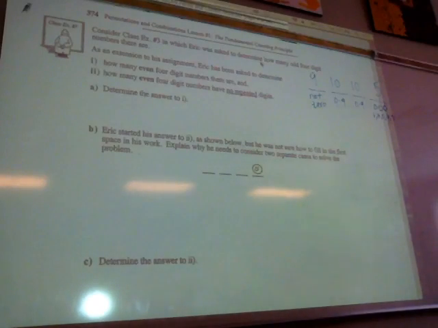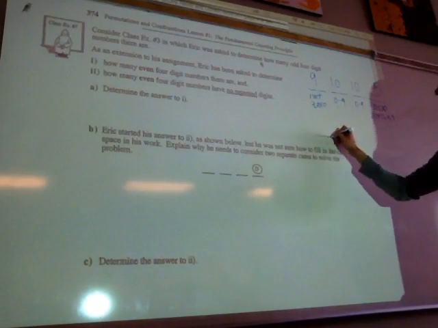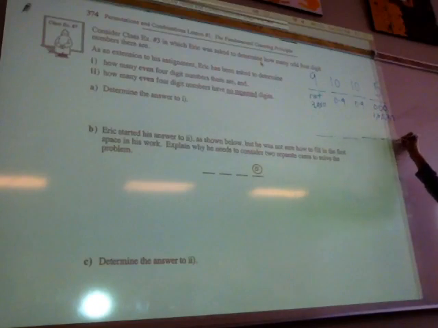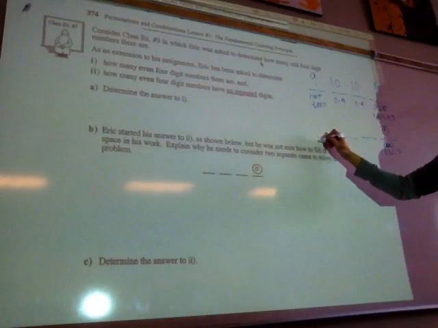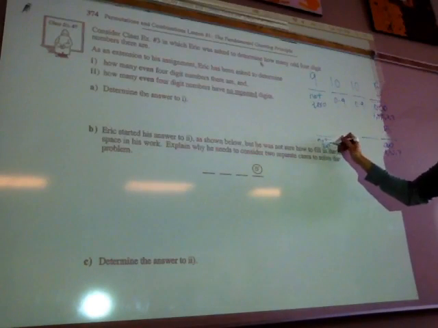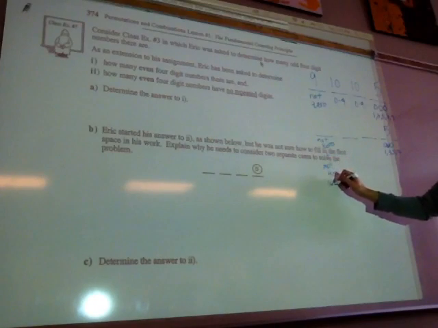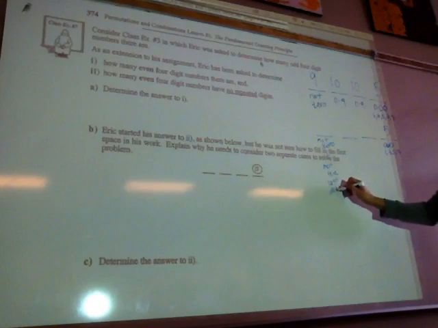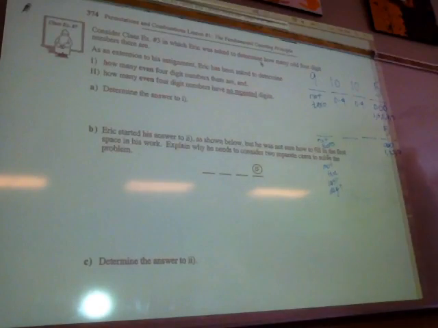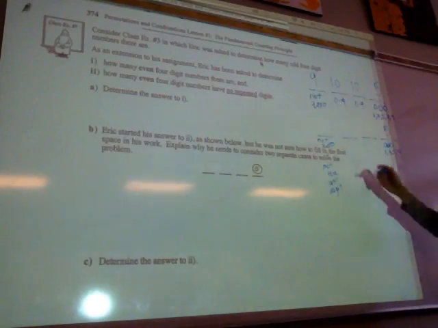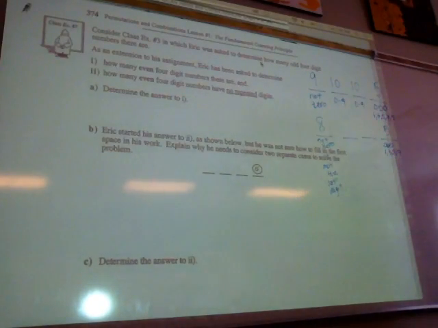Okay, but what if repetition is not allowed? If it's going to be odd, that means we can choose numbers 1, 3, 5, 7, or 9, so we have 5 options. The first digit cannot be 0, and not the last digit. So that means we've taken out 2 possibilities from the total of 10 possibilities, so the first digit could be 8 possibilities.